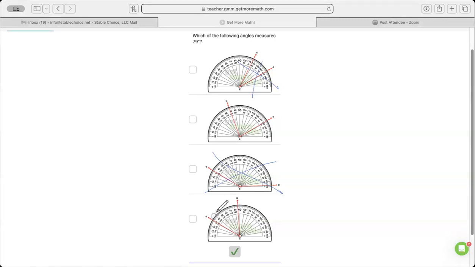So that'd be 10, 20, 30, 40, 50, and a little bit. So it's between 50 and 60. And this one would be 10, 20, 30, 40, 50, 60, 70, and a little bit. So it's between 70 and 80. So that would be my answer. So that's how I would go about with those. Just reading the angles in between.